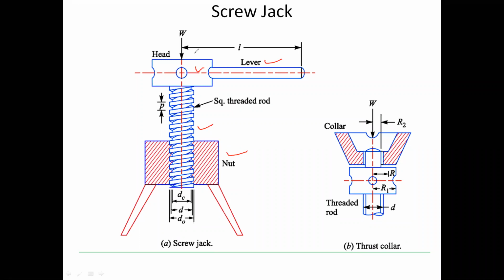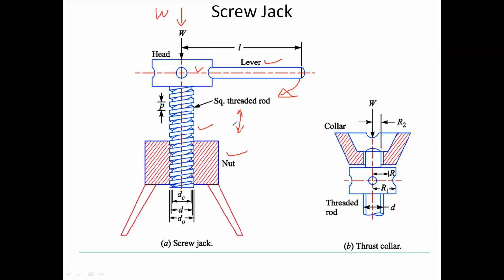Okay, so load is applied in this direction. When the load is applied in this direction, and if I rotate this lever, then obviously there is a movement of the screw in the nut in either direction. It can lift up or it can lower down.